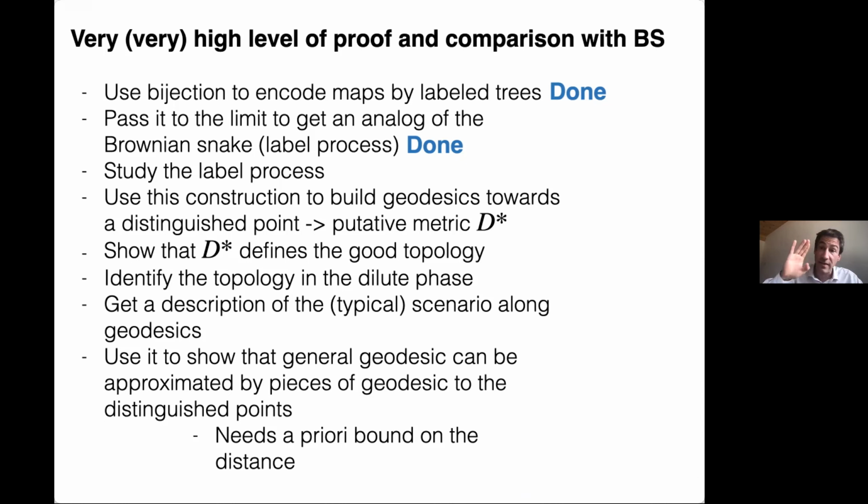Then you have this analog of the Brownian snake, which is the label process on the tree. We will see that in our case, it's not a tree anymore, it's a loop tree, but you also have a process on this object, which we will call the label process. We want to study this label process because the fine properties of this process will be very helpful when proving the convergence. And this is very different. Why? Because in the Brownian sphere case, we had the Aldous CRT and we had the Brownian snake on it.